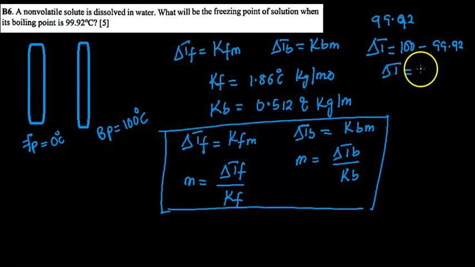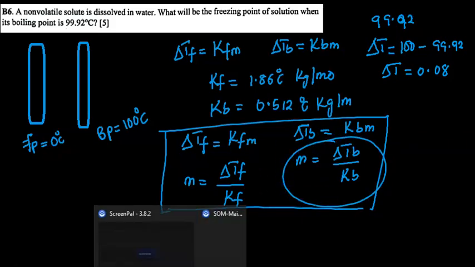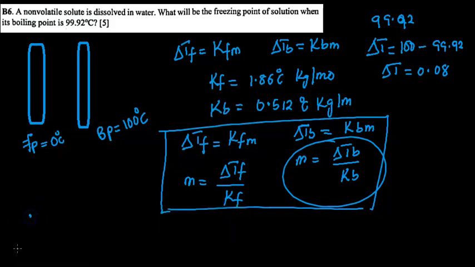Since we are given the boiling point, we are going to use this formula to find our required molality. The molality is going to be delta TB, which is the change in temperature of boiling point, divided by KB. Our change here is 0.08 divided by KB, which is 0.512.